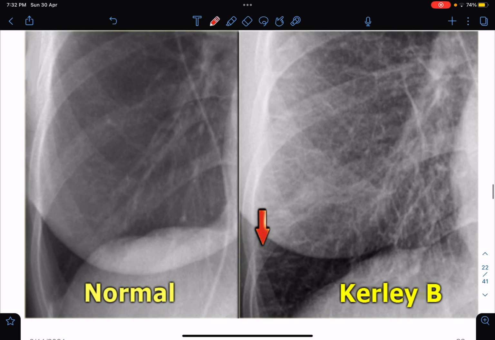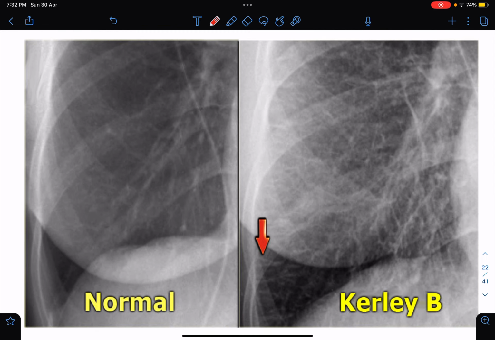Now I was talking about Kerley's lines. So what are the Kerley's lines? Basically Kerley's B line in case of heart failure. This is a normal chest x-ray, and in this particular x-ray you can see that there are small lines, for example, this one. Okay, small lines are there. These lines are perpendicular to the pleura. Lines are like this.